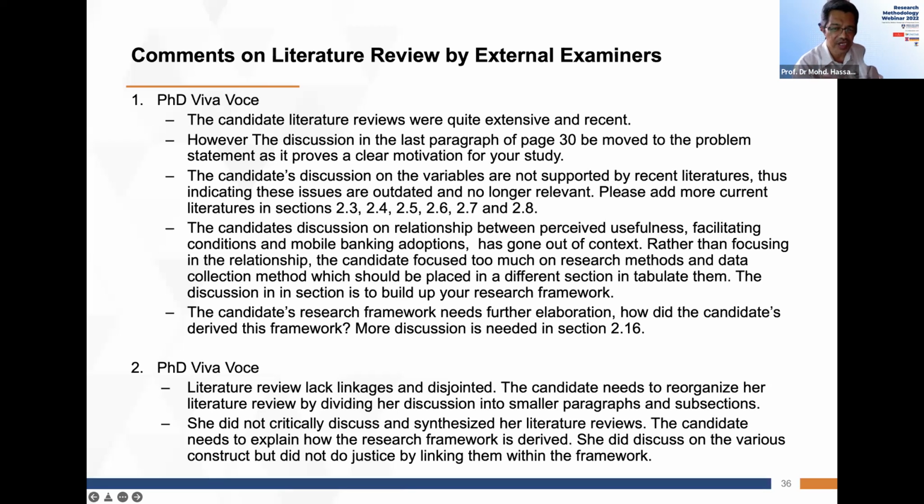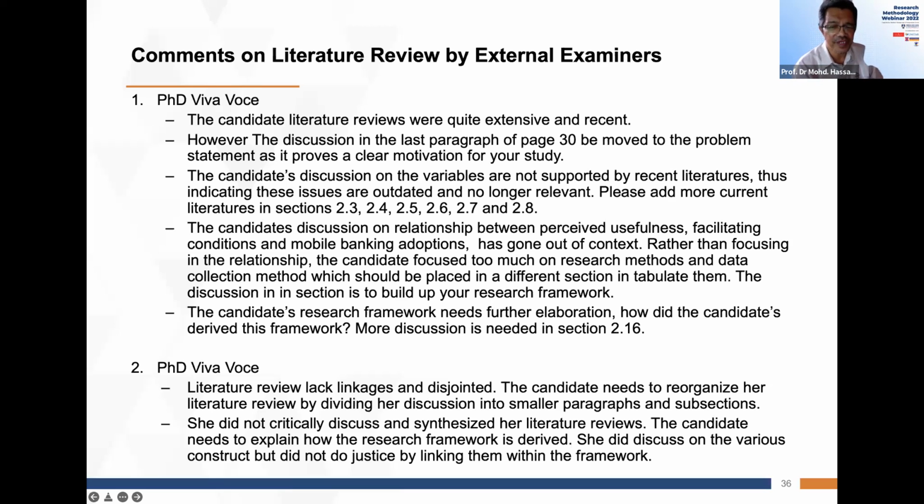That section should be discussing the theoretical framework, but instead he was talking about methods used by other researchers, which should not have been placed there. It should be in a different section. In fact, the examiner suggested that it should be tabulated. The discussion in this section is to build up your research plan.